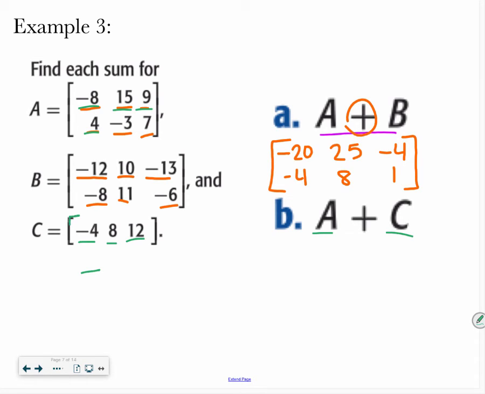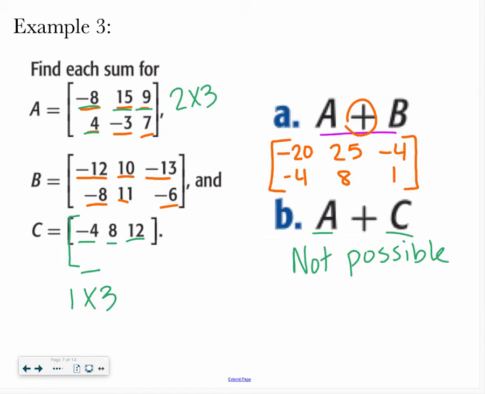So notice that matrix C is 1 row by 3 columns, and matrix A is 2 rows by 3 columns. Since these two don't have the same dimension, you cannot add or subtract them. So if you're asked to add or subtract matrices that are not the same dimensions, you just have to write not possible.